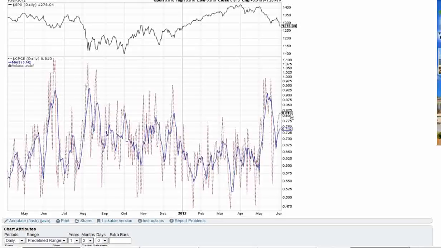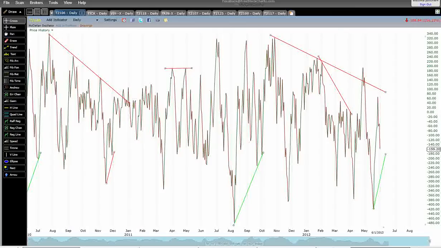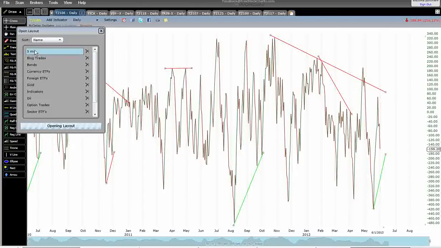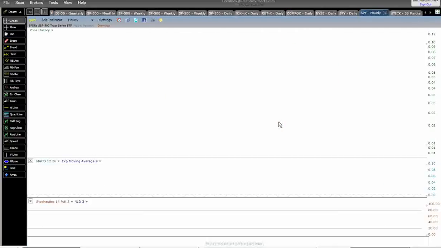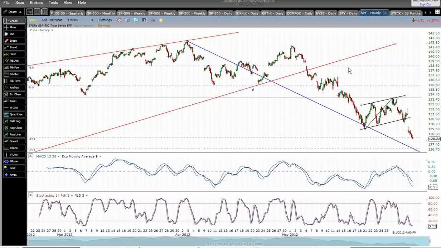So what to look for here is a rebound to overbought stochastics on the daily chart, and then look to sell or short the market or select stocks at that point in time.